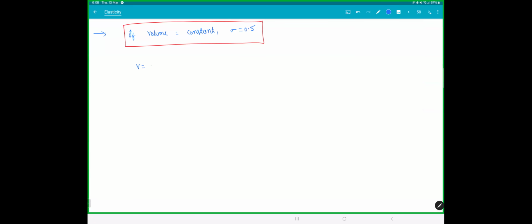So we know volume is given by pi r square L, if you take a cylinder. Put log on both sides. You'll get log V equals log pi plus 2 log r plus log L. Now differentiate.